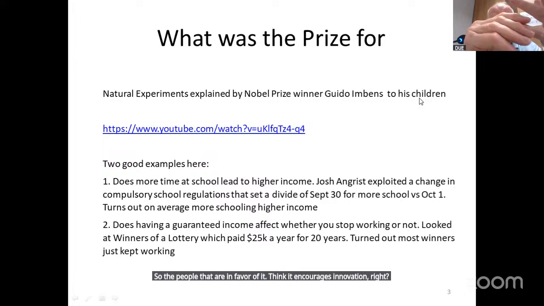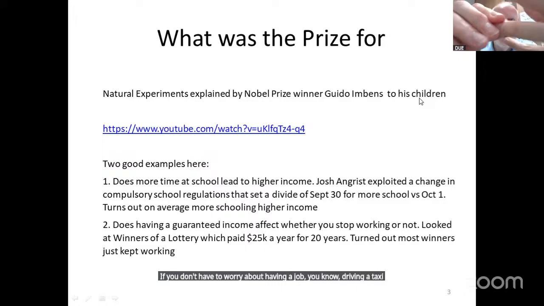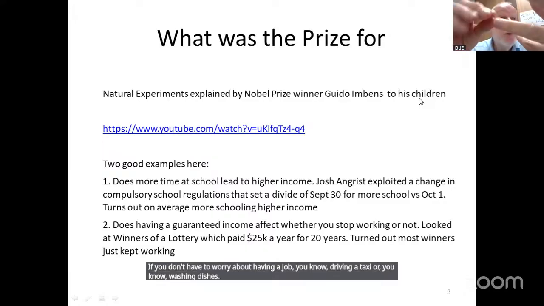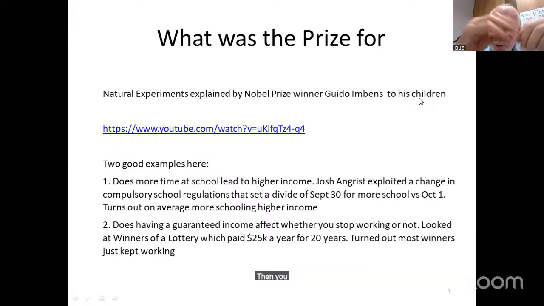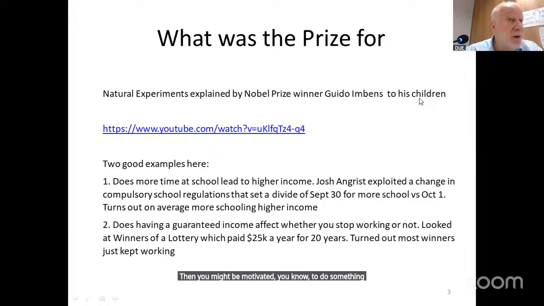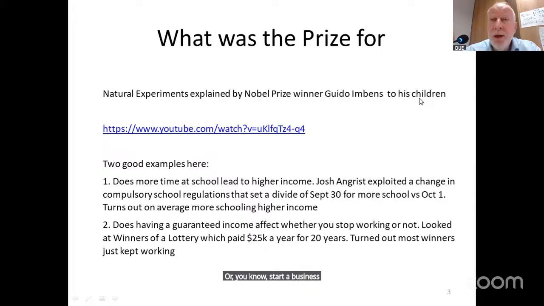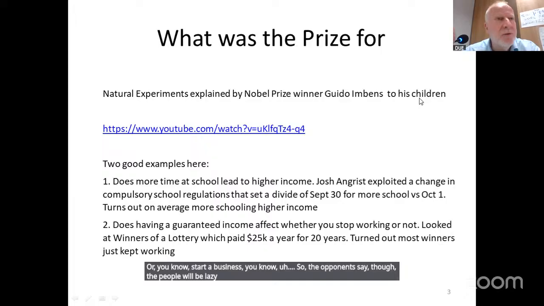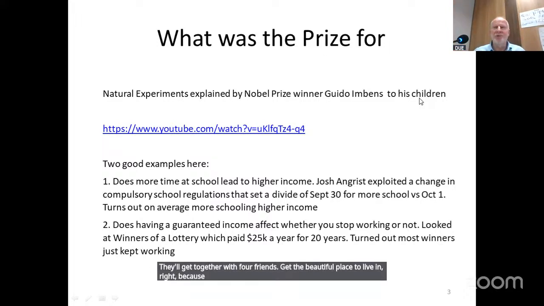Because if you don't have to worry about driving a taxi or washing dishes, and you know you can pay your rent or your mortgage and your food, then you might be motivated to do something really innovative, become a great musician or start a business. The opponents say, though, that people will be lazy. If they get the 25,000 a year, they'll get together with 4 friends, get a beautiful place to live in, because combined they'll have 100,000, and they won't do any work.